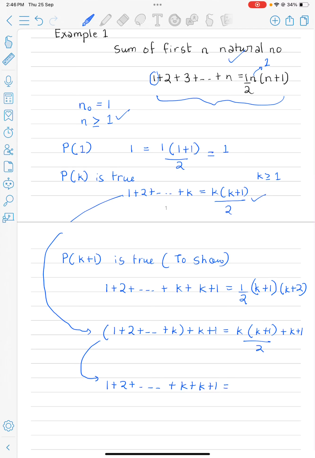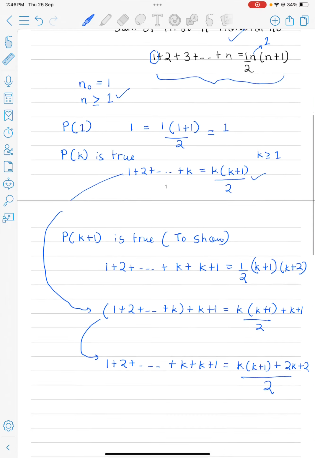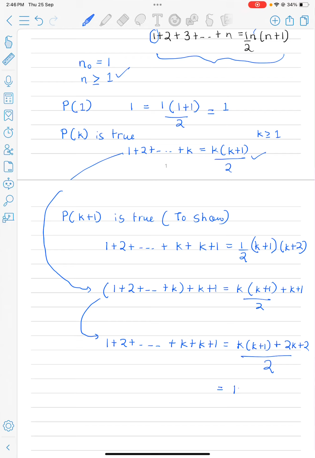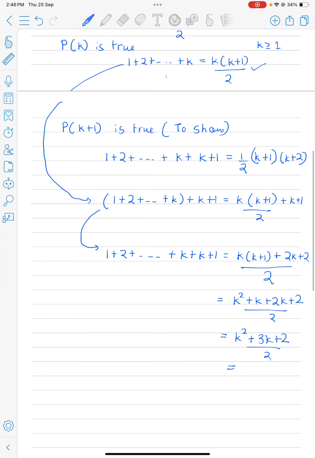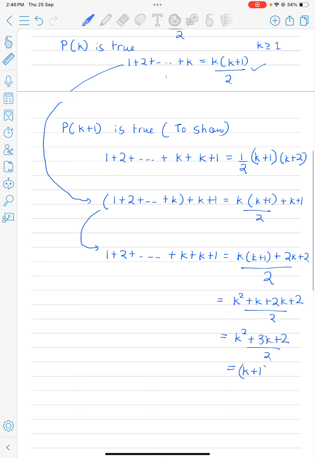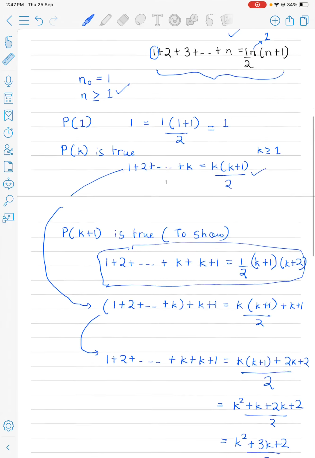And on the right, if you take 2 common, this will be k square plus k plus 2k plus 2 by 2, which is k square plus 3k plus 2 by 2, which you can verify is equal to k plus 1 into k plus 2 by 2. So this is the first example.